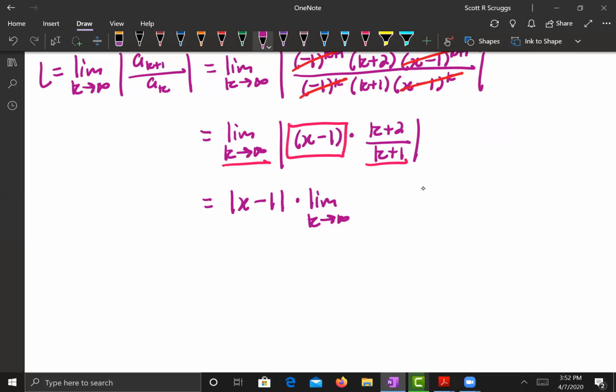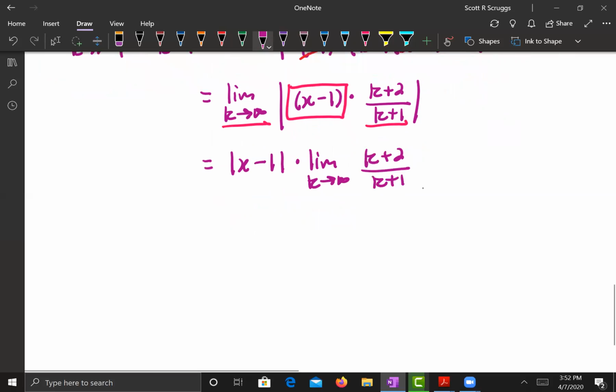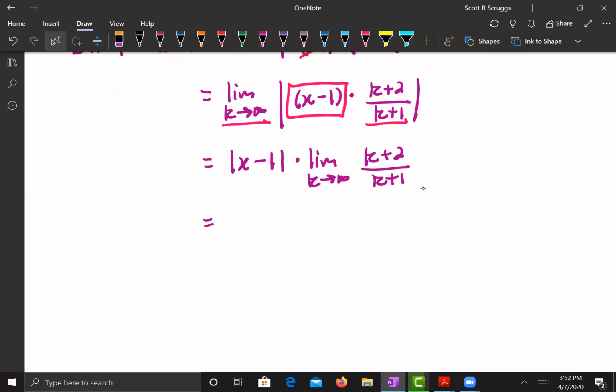But because k is always positive, that means this ratio is always positive, which means the absolute value is redundant. And that limit gives me 1. So I have x minus 1 in terms of absolute value.